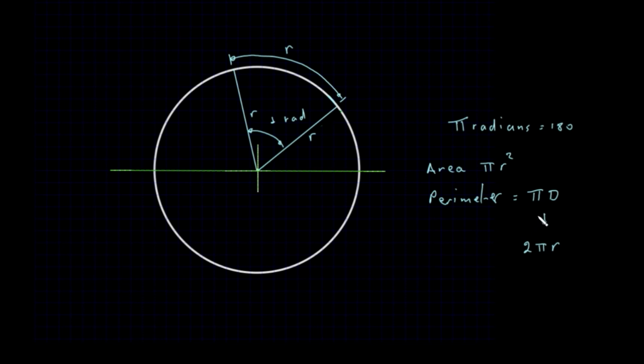That is the same as that. Right? Those are the equations. Now, it's fair enough to say there are pi radians in 180 degrees, and it is fair enough to say that the perimeter, I'm not going to go too deeply into it, is pi times the diameter. You can work it out knowing that there are pi radians, and you know what the radius is, and you can work out what the distance all the way round is. It all boils down to the radius being the same as the distance along the curve.